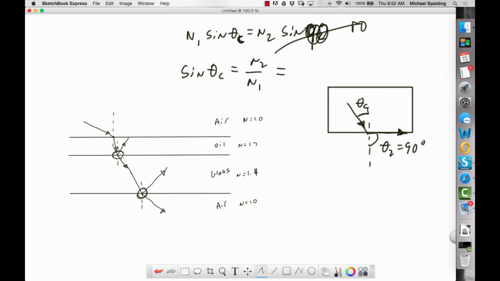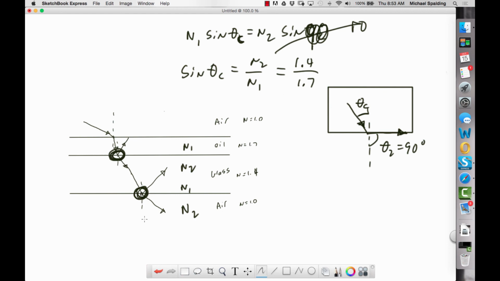So how do you find the critical angle for this boundary right here? You're going to go sine of critical equals 1.4 over 1.7, right? This would be N2, this would be N1 for that boundary. Okay, how about for this boundary right here? Well, this would be N2, and this would be N1.